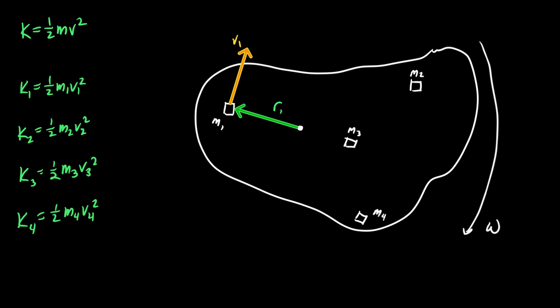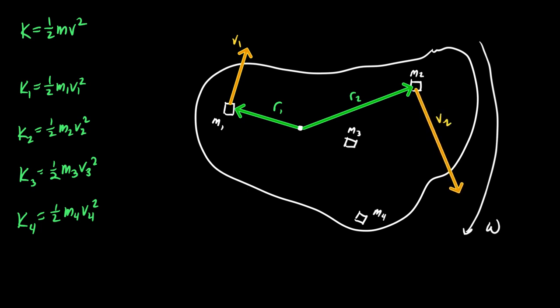That's got to be true for piece 2 as well. That piece 2 is a distance r2 away from the axis of rotation. So it also has a velocity that is perpendicular to that radius. I'd probably say that piece 2 is the one that's going the fastest, right? It's the furthest away. Well, I'm trying to make that perpendicular. I'm not sure I'm doing a good job. That looks perpendicular to me.